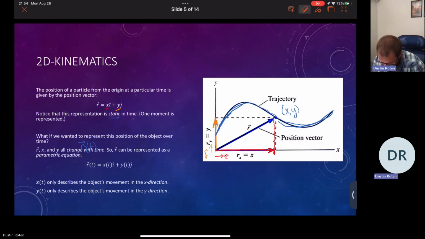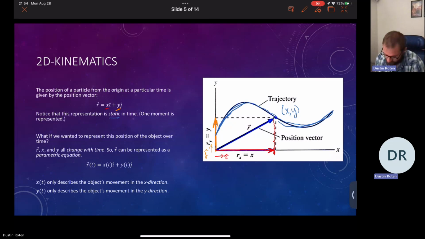All right, let me clean up that little note. The position vector x and y all change with time, so we'll represent them as a parametric equation.